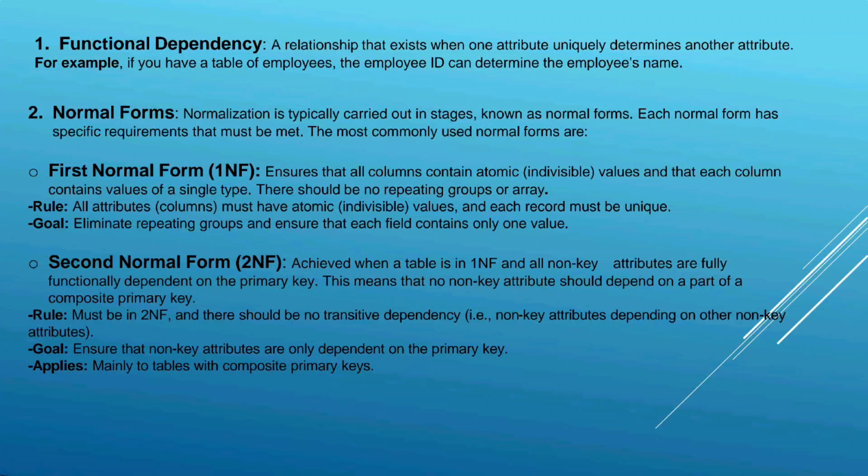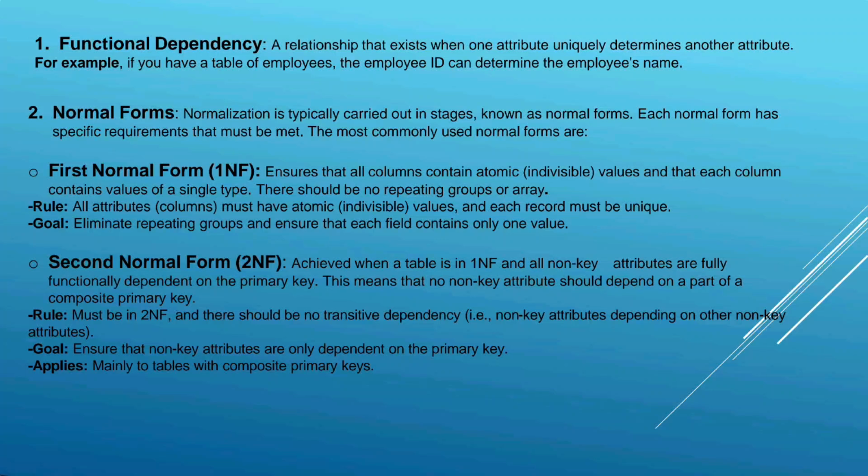Second normal form, 2NF, is achieved when a table is in 1NF and all non-key attributes are fully functionally dependent on the primary key. This means that no non-key attribute should depend on a part of a composite primary key.